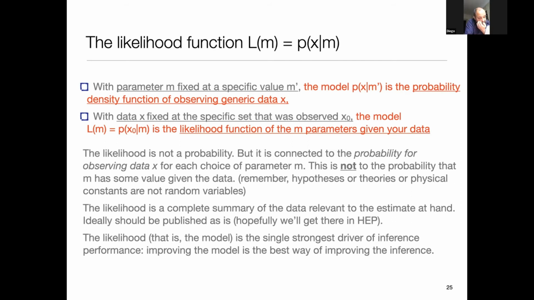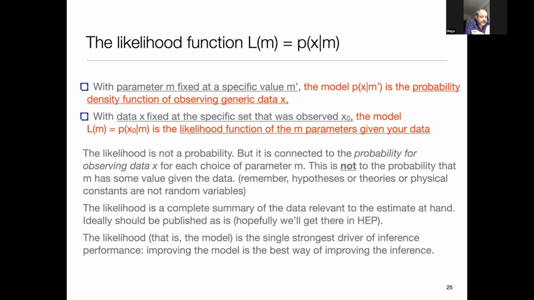And since in this case, the theory and the parameters of the theory M are not repeatable, we cannot assign a probability to them. All we do is assign a probability to the data given some choices of possible M's. I know it's a little bit confusing, but I'm sure that if you stare at this and think a bit, you might catch it if you have never seen it before.